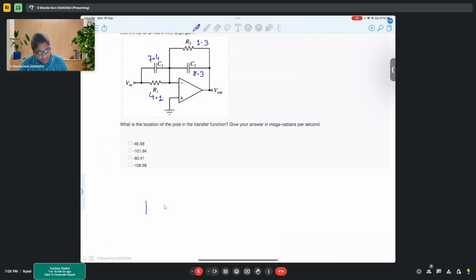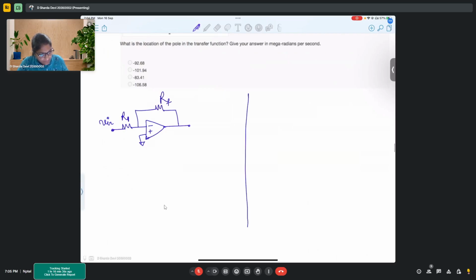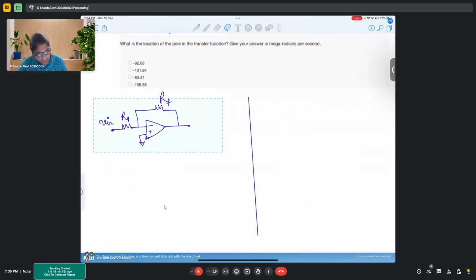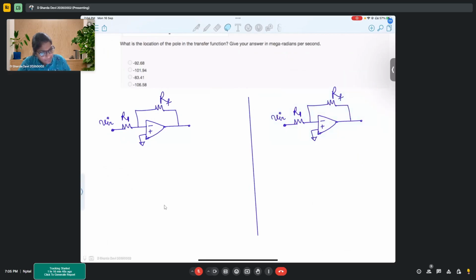So you see, simply we understand that in an op-amp, you have two different scenarios.